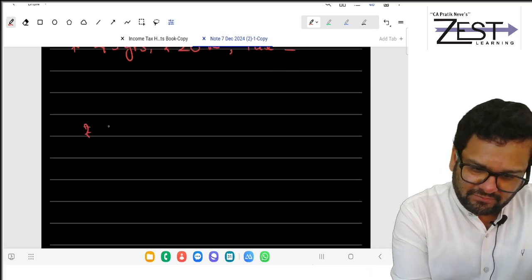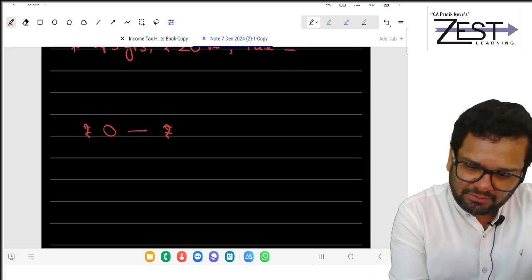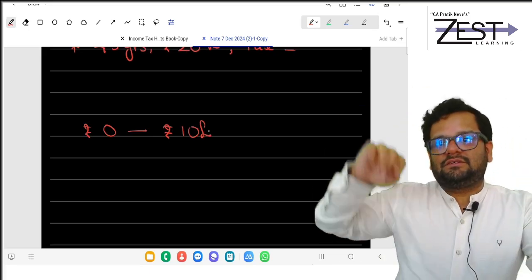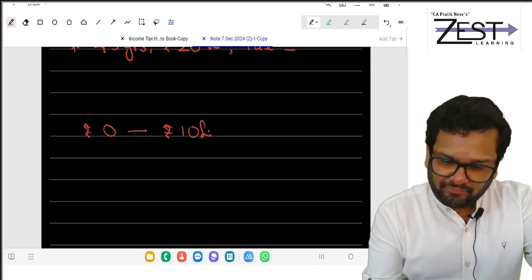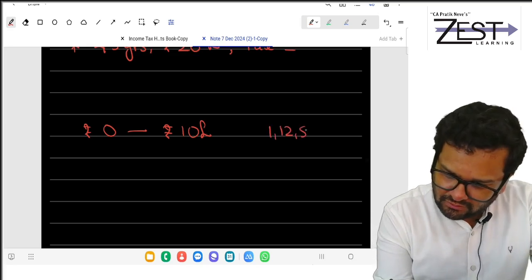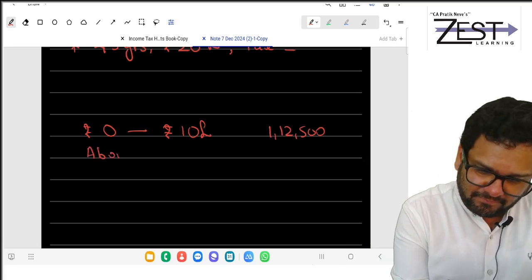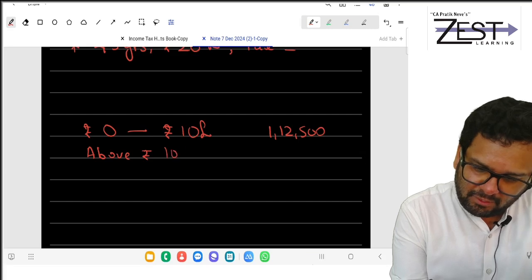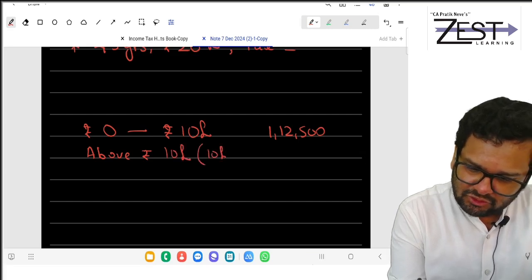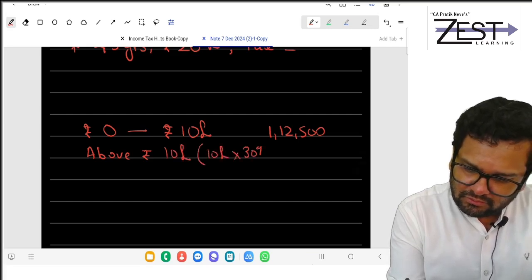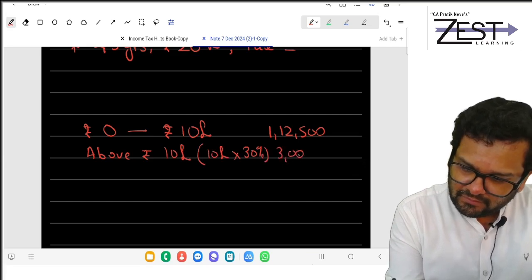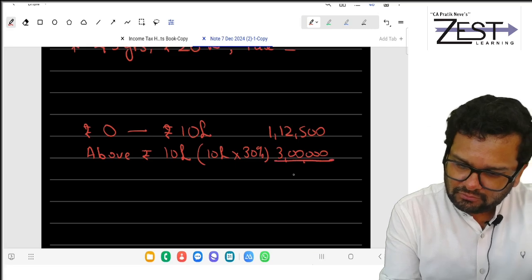So basically, can I jump like this? 0 to 10 lakhs, 1 lakh 12,500, and above 10 lakhs, you have 10 lakhs. So 10 lakh into 30%, the whopping amount.